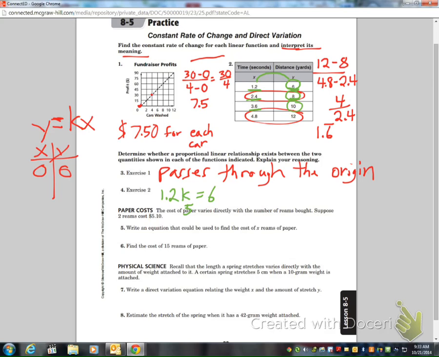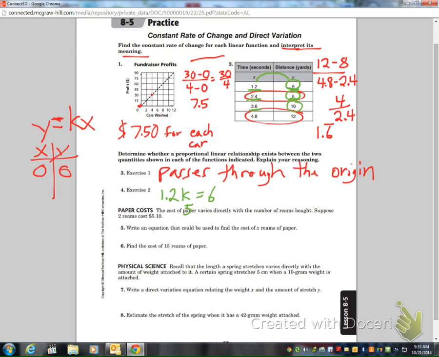So if I just plug in that same constant, remember that the idea is if it is direct variation, if it's a proportional relationship, then you should be able to multiply every single x value by the same constant and get every single y value on that chart, right? And if the first value has to be multiplied by 5 to get 6, and if I multiply the second value times 5, I get 12, not 8.